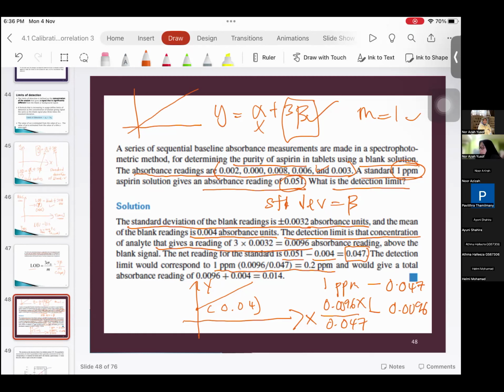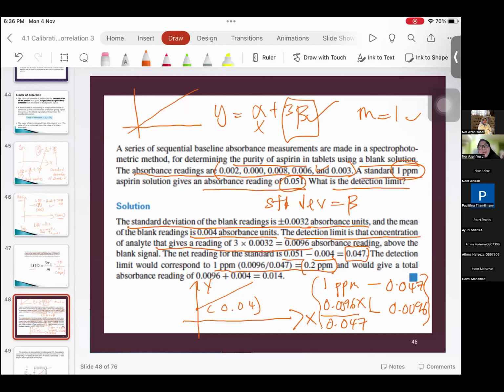And then from there you can calculate the 3 beta concentration, which is 0.2 ppm, from the proportional.